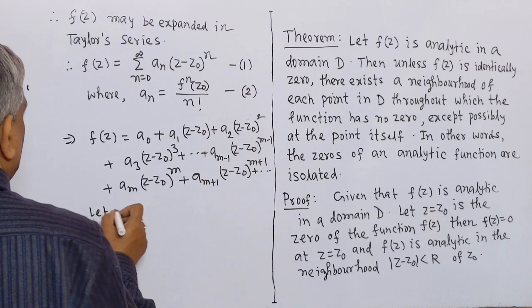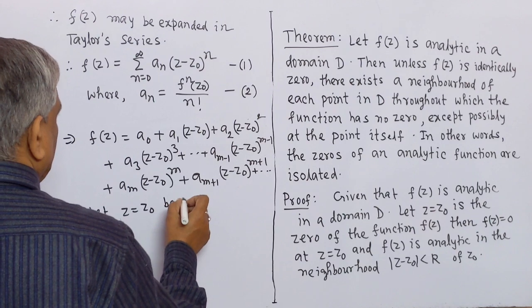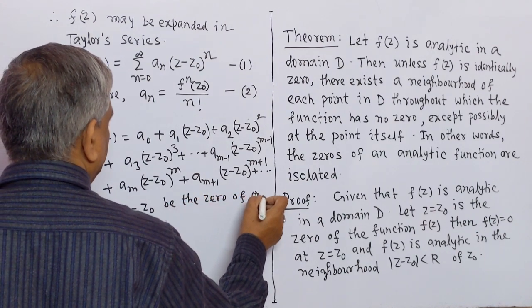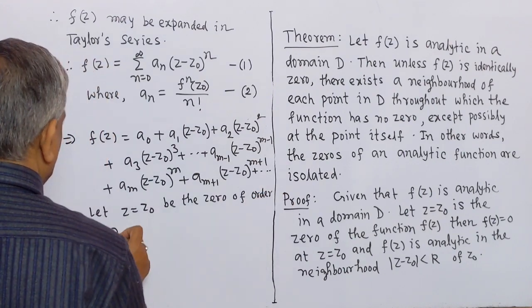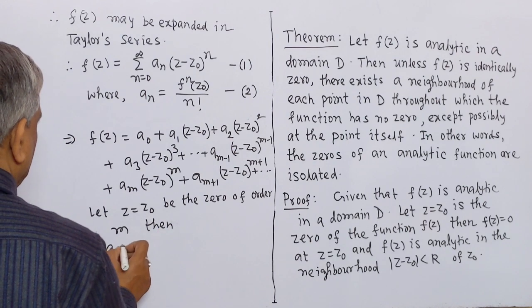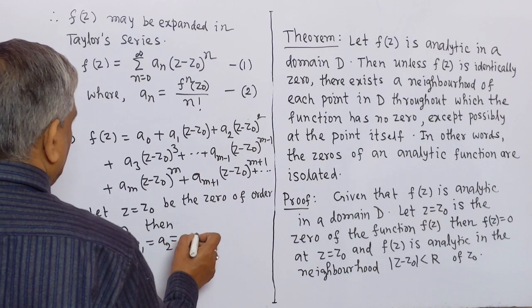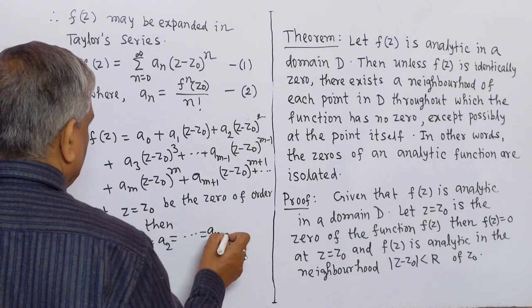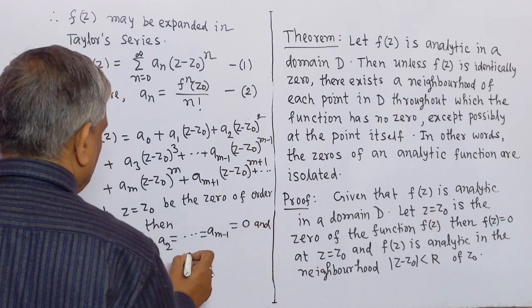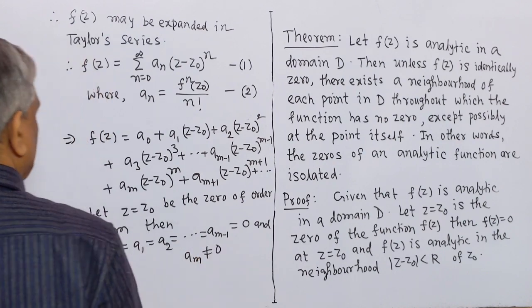Let z equal to z naught be the zero of order m, then a naught equal to a1 equal to a2 equal to dot dot dot dot equal to a(m minus 1) equal to 0 and am not equal to 0.